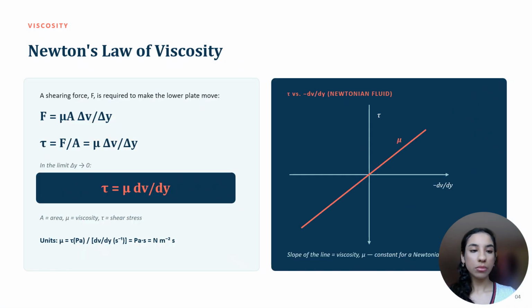Okay. So now we're going to talk about how to find that shearing force and that shearing stress using something called Newton's law of viscosity. Newton has made so many laws, right? Okay, so in this one we have force. Now mu is viscosity, and A is the area.